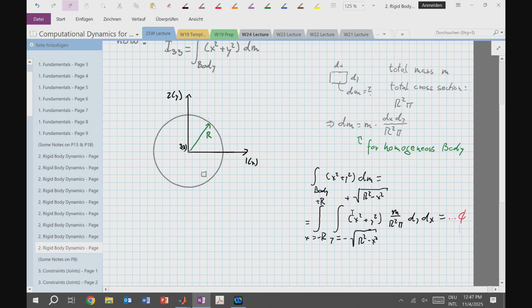Still okay to integrate this against y, so you get x squared y plus 1/3 y to the third power, and then you insert these, and then all of a sudden you get expressions like the third power of the square root of r squared minus x squared or something like this, and then you need an integral of that, and you're screwed. How else could we approach this?